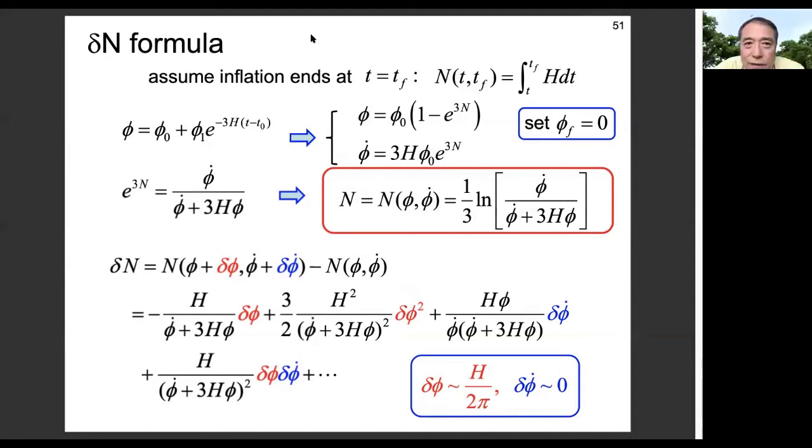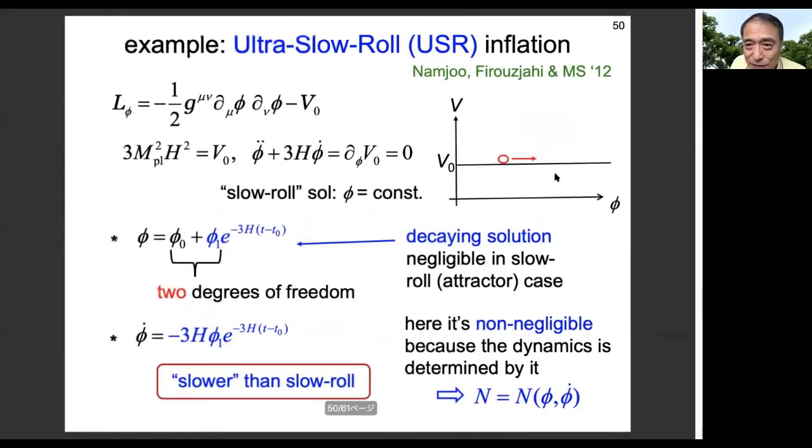Yeah, but in general, it's not. In general, it will have some dependence, but since I have explicitly considered the exactly flat model of the potential, this model has a so-called shift symmetry.